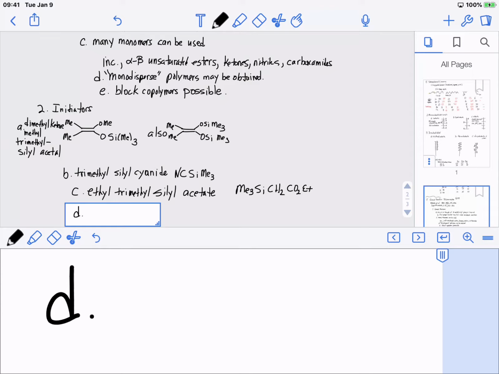I don't know if I want to write this out, but it's 2-methyl-1-[2-trimethylsilyl ethoxy]-1-propenyl oxy trimethylsilane. And I'm just going to draw the structure, 2 methyls there, double bond.